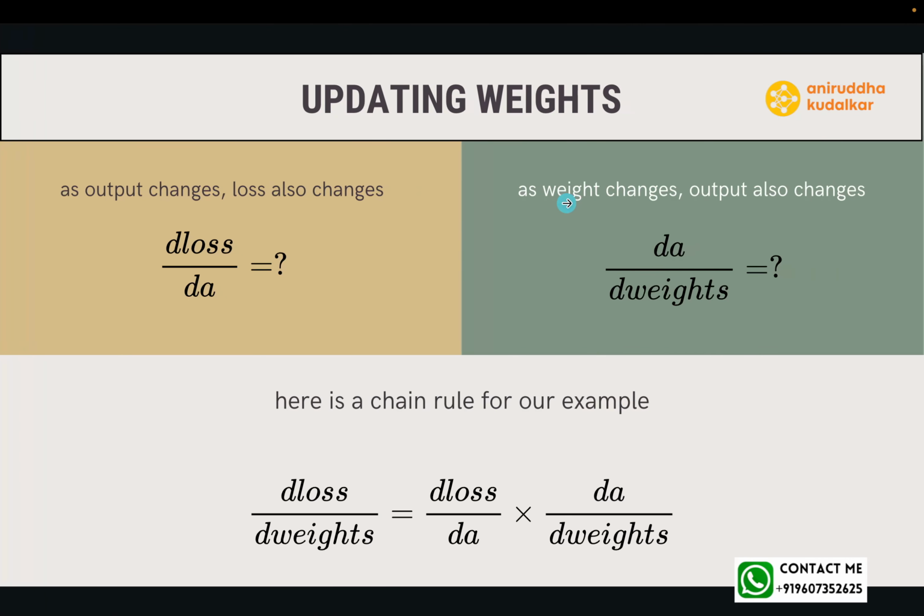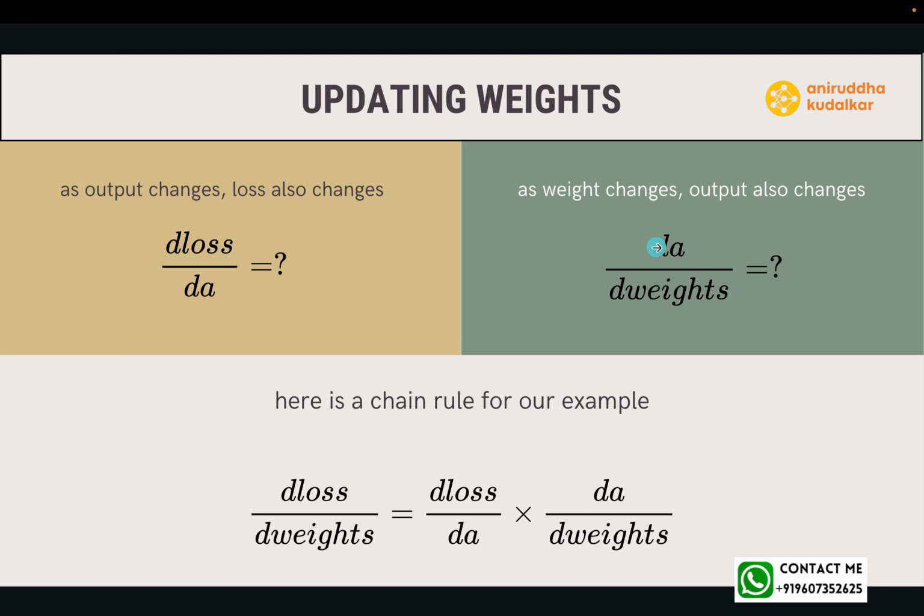Similarly, dA by d weights, which means what? How much the output activation changes if I make a little change in the weight. That is, we need to find the rate of change of output activation with respect to the weight.